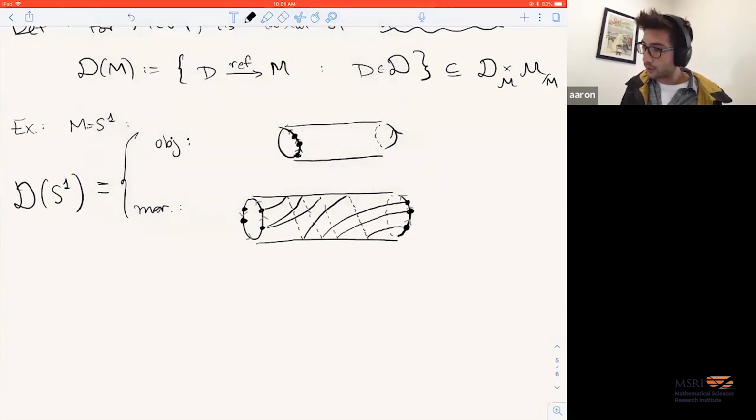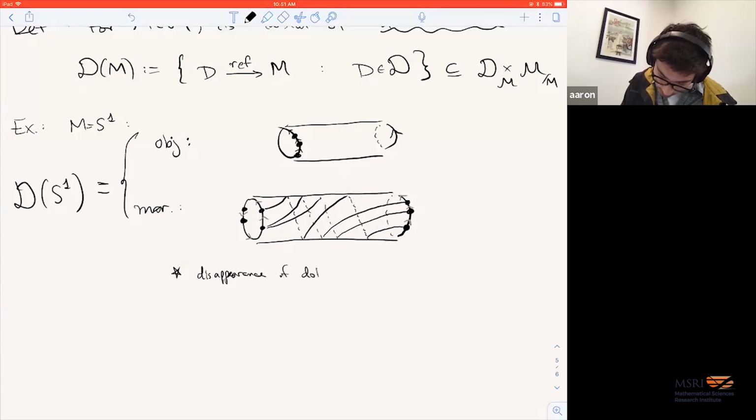So what is going on here? Well, first of all, dots can disappear. And this is an instance of this refinement that I was referring to. Dots can also anti-collide.